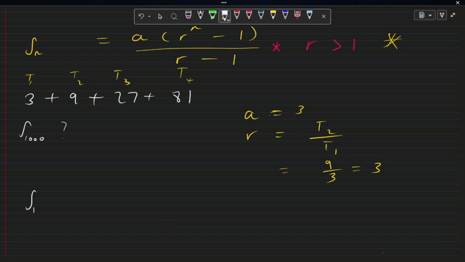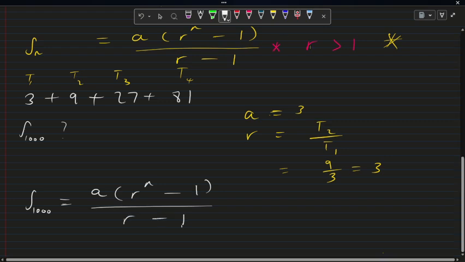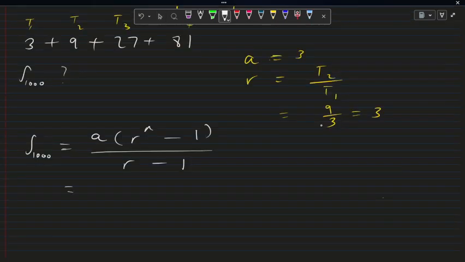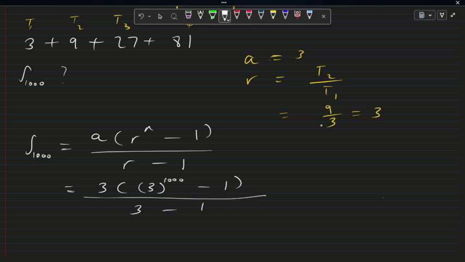Okay, so we say that S of 1,000 is equal to a into r to the power of n minus 1 over r minus 1, and then we know that a is equal to 3, and then we know that r is equal to 3 as well, and then n is equal to 1000, so 3 to the power of 1000 minus 1 divided by 3 minus 1.